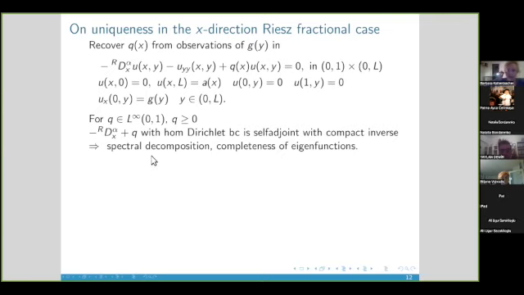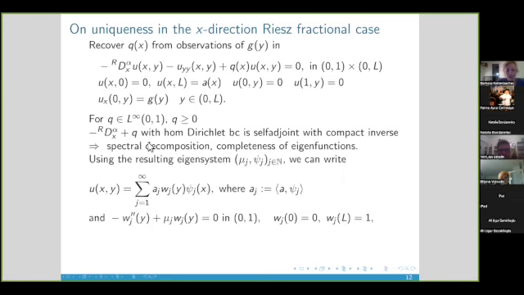So according to the spectral theorem, we have a spectral decomposition, we have completeness of eigenfunctions. Again, the eigenfunctions are unknown because we don't know the q. So still we denote the unknown eigensystem by a sequence: mu j are again the eigenvalues, psi j are the eigenfunctions.